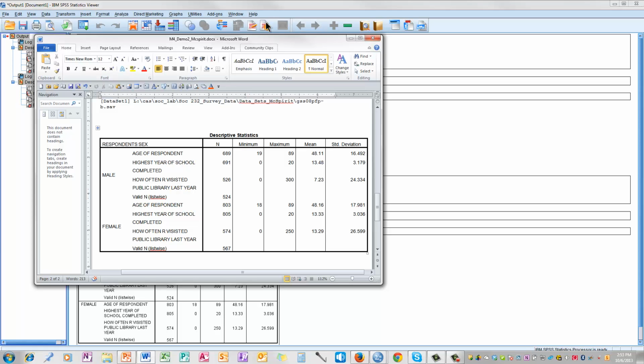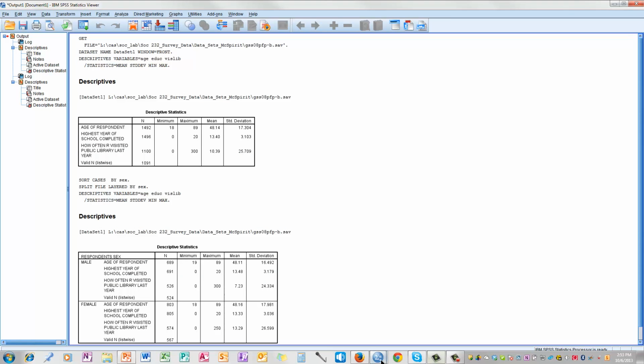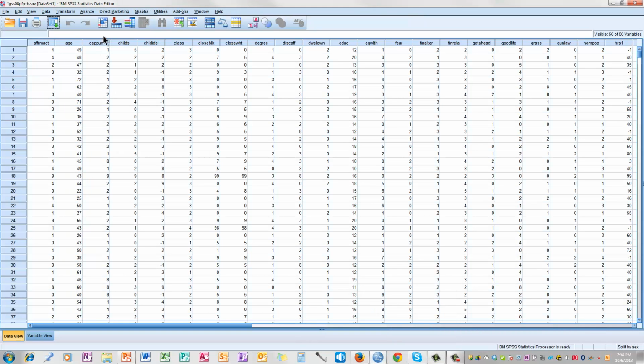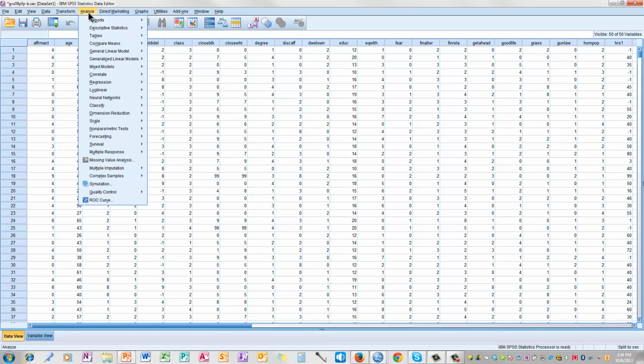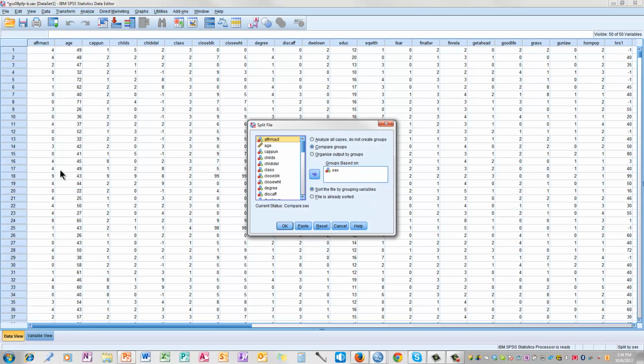And before I close, once you complete your demonstration, and you've split the file, you'll want to go back always. You want to go to Data, Split File, and you want to go back and set it to all groups in case you want to just compare everybody. Right?